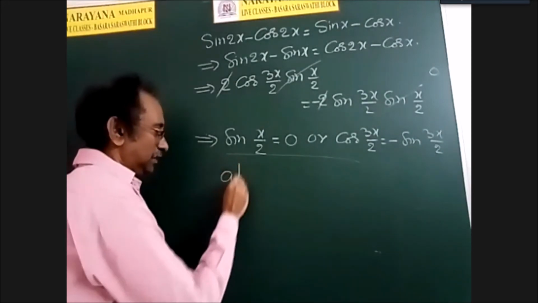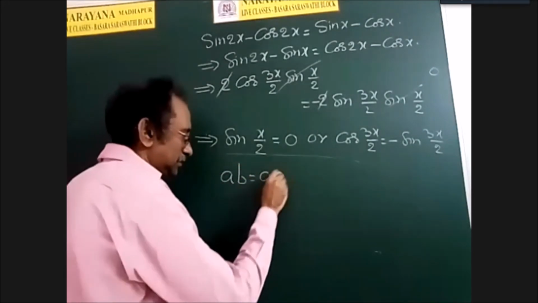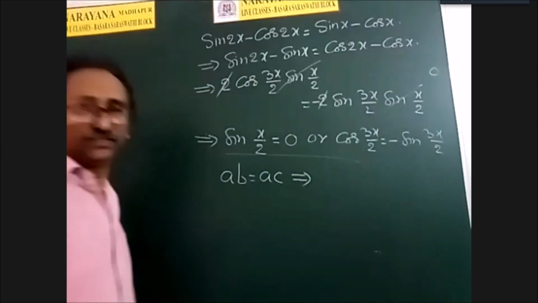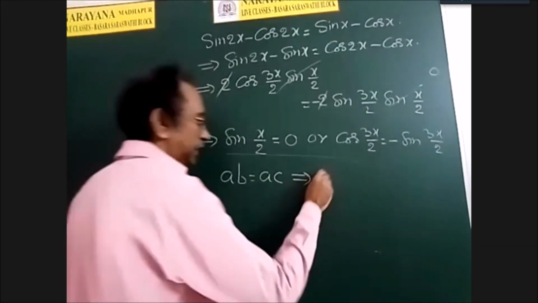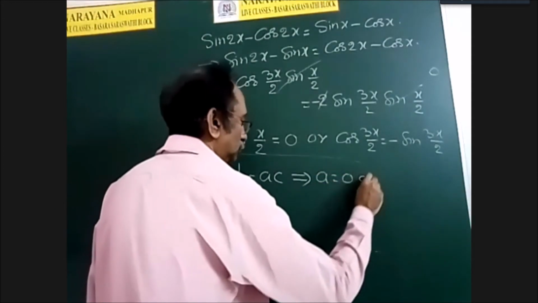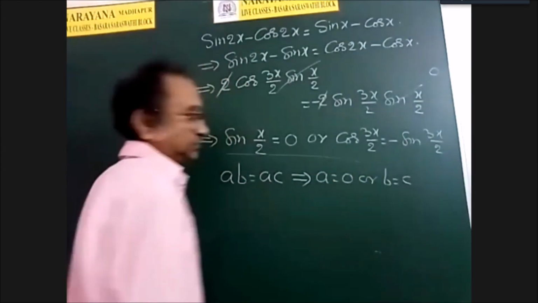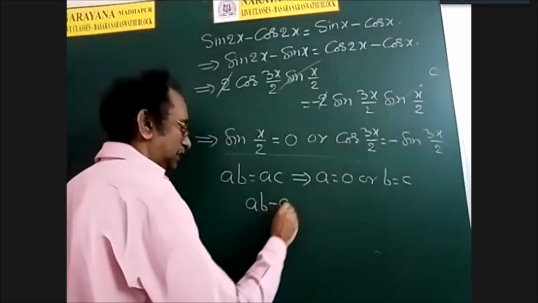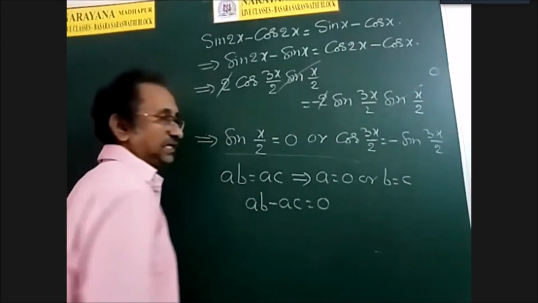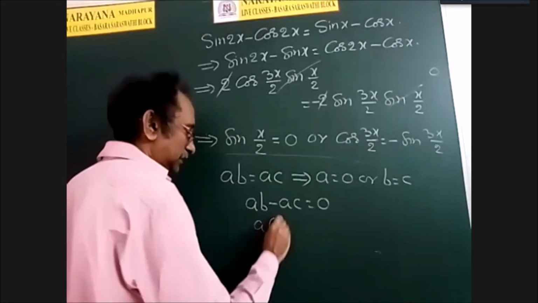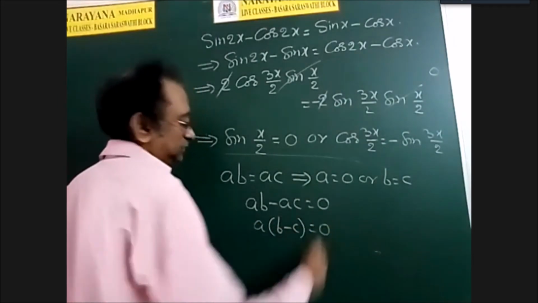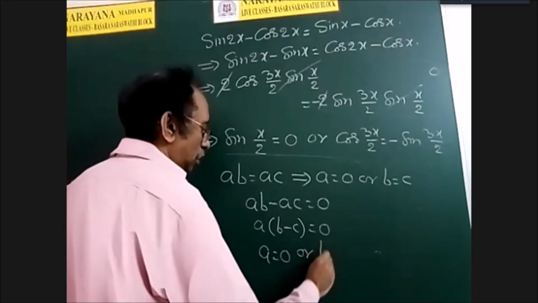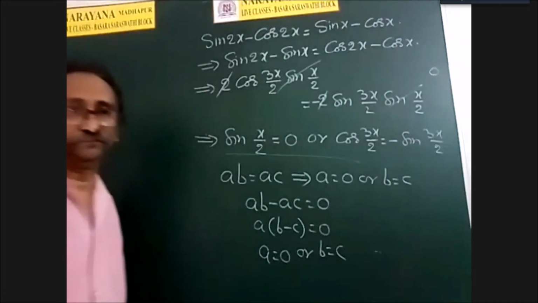So once again, I have said it so many times. AB is equal to AC need not imply B is equal to C. So what you have to write is either A is equal to 0 or B is equal to C. Why? First of all, take that AC to the left hand side. AB minus AC is equal to 0. After that, A into B minus C is equal to 0. Product 0 means either A is 0 or B minus C is 0.